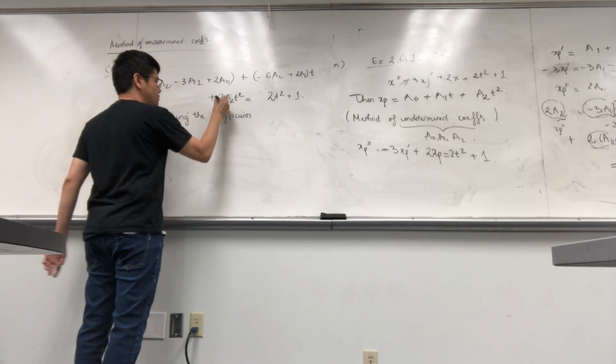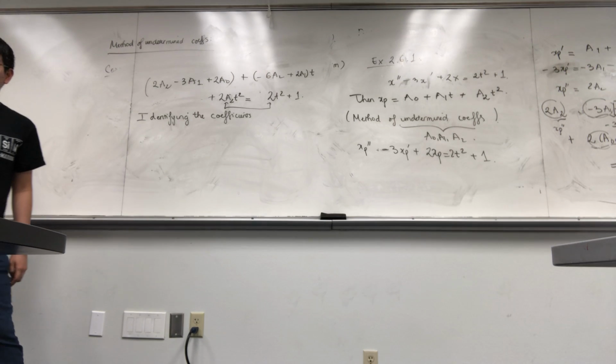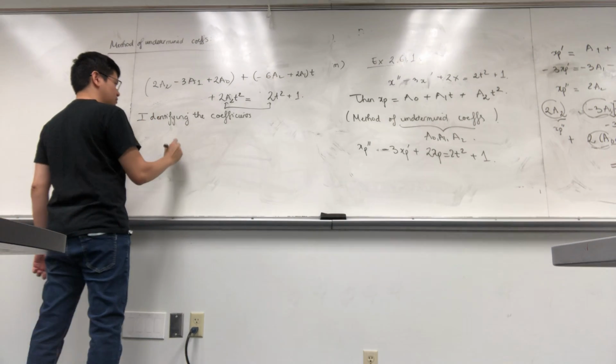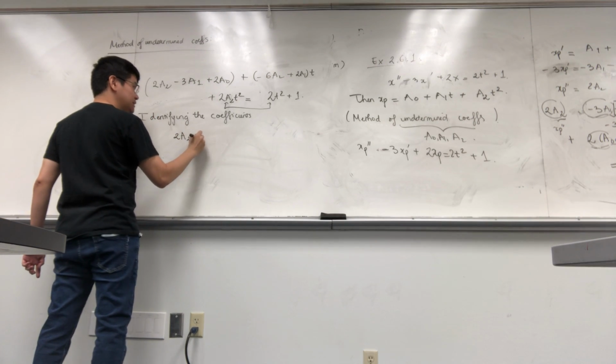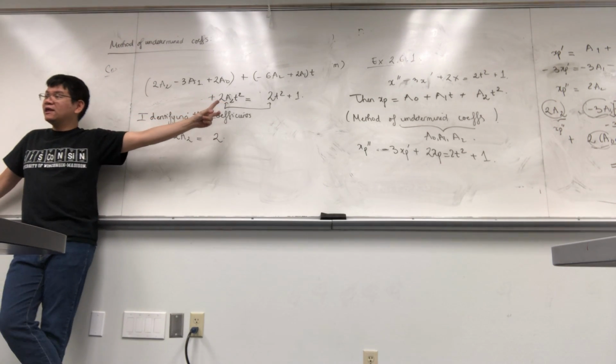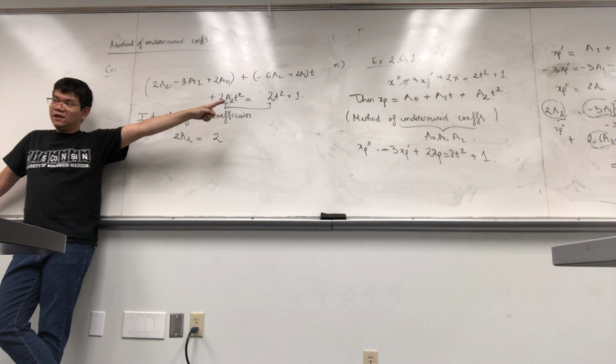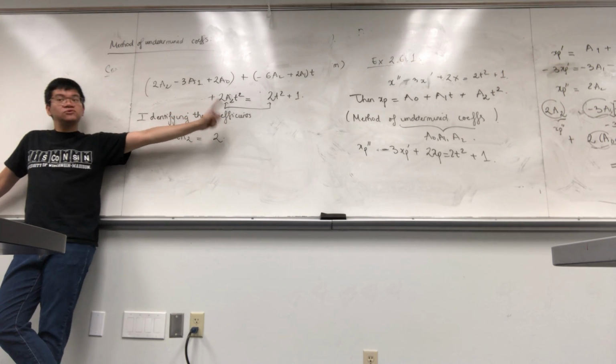So the first thing, you have to identify 2A2 with 2, right? So you're going to have 2A2 is equal to 2. Because the coefficient of t squared has to be equal to the coefficient of t squared. So 2A2 has to be equal to 2.